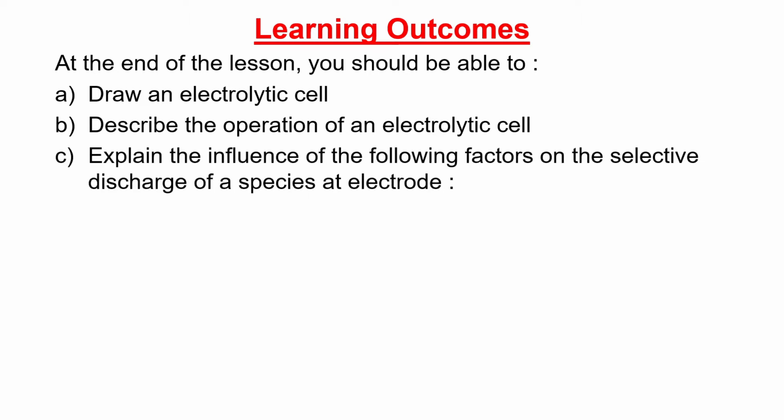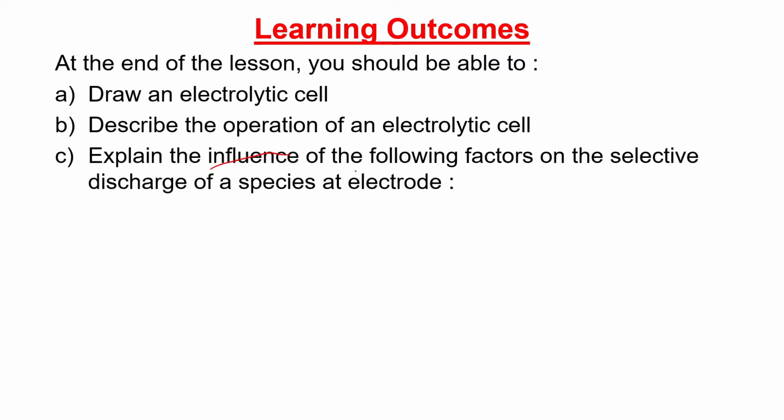Okay, in general, the arrangement of the electrolytic cell is as in the previous slide. And describe the operation of the electrolytic cell, meaning what happens at the anode and what happens at the cathode. Next one, explain the influence of the factors.